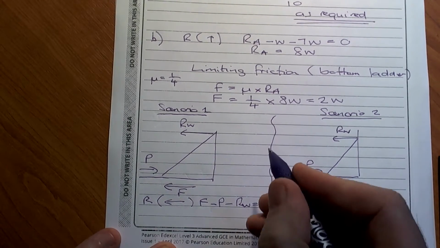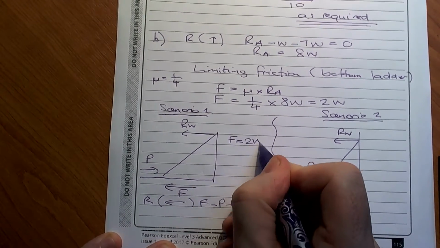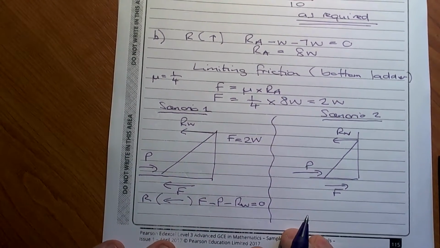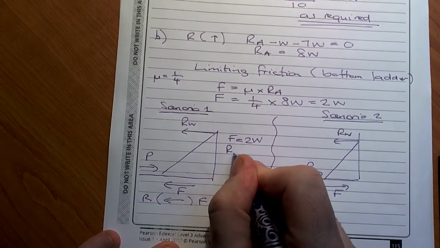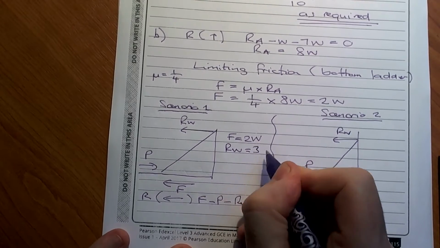Now let's remember for these, we found out earlier that F was equal to 2W and RW was 3W.